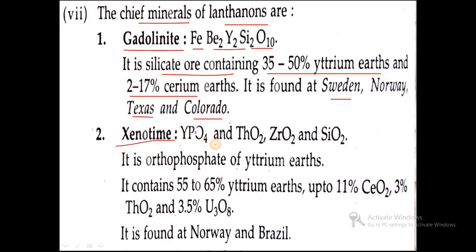Formula is YPO4 or ThO2, zirconium oxide or silica. It is the orthophosphate of yttrium earths. It contains 55 to 65% yttrium earths, 11% cerium oxide, 3% thorium oxide, and 3.5% uranium oxide. It is found in Norway and Brazil.